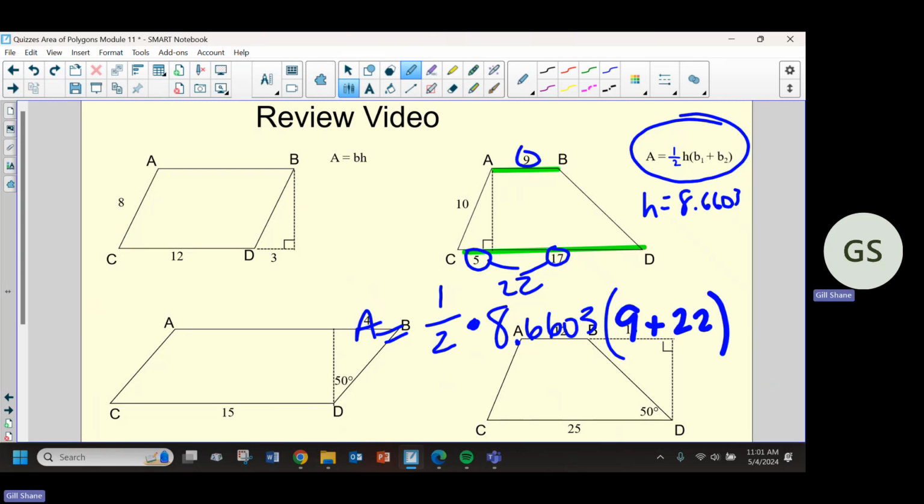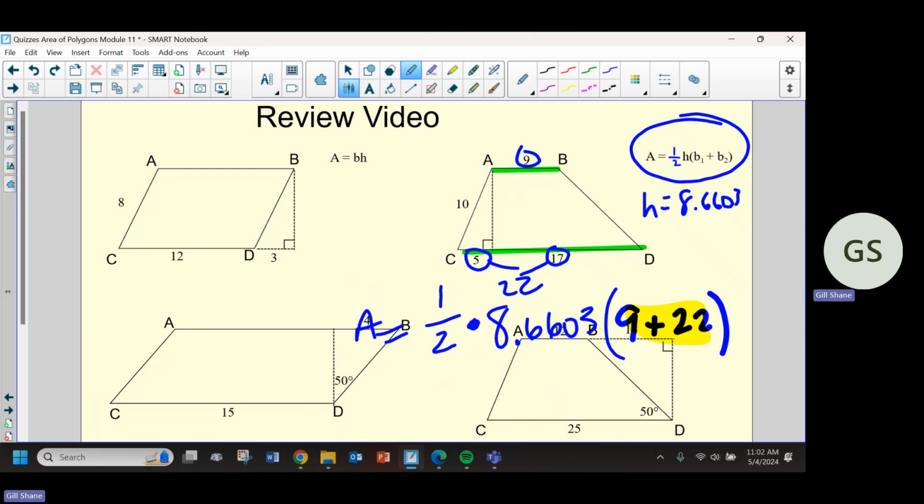So now I've put it in. Some people are doing something weird in the calculators. So to be safe, if I were you guys, because I got some people that set it up right, but then they missed points because they just came up with the wrong number using the calculator somehow. Just add those two together first and get 31. Then just multiply everything together. 1/2 you could put as 0.5.